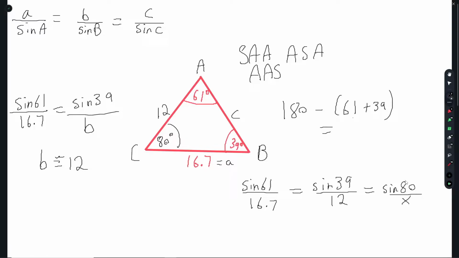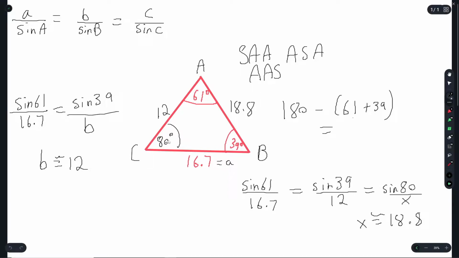So sine 39 over 12 equal to sine 80 over x. You'll get x equal to around 18.8. So we'll remove c and write 18.8. And we've solved all the sides and angles of the triangle, so we've successfully solved the triangle.